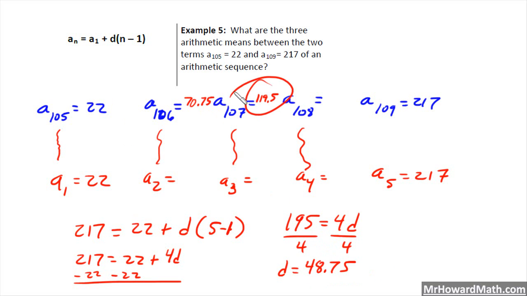And then 48.75 plus that, again, that's the common difference we're adding each time, 168.25. And if we added 48.75 to that, we would get 217. So that is it for example 5, and that is it for this video.